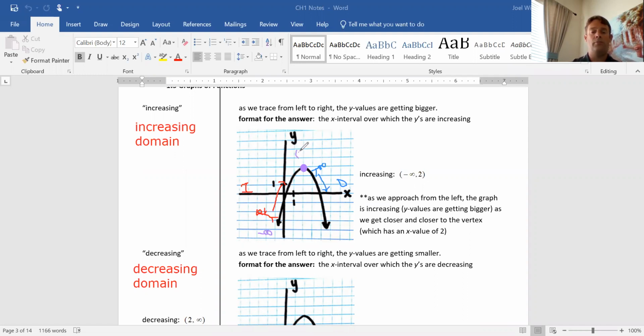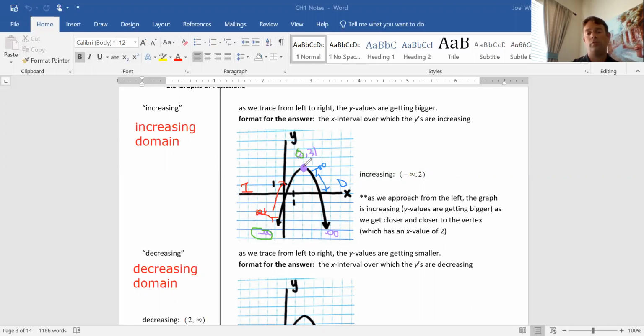So I'm going to go from negative infinity to the x value of that turning point.